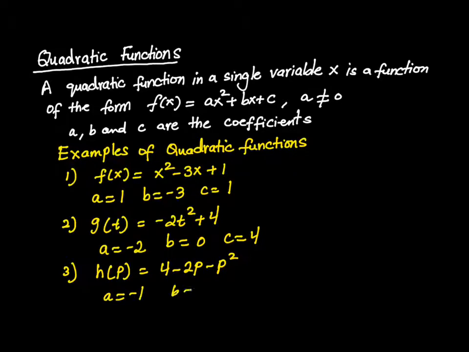A is negative 1, b is negative 2, and c is 4. Remember, it should be in standard form. So negative p squared minus 2p plus 4, that's the standard form. The important thing here is it should be in standard form, then you figure out the a, b, and c.